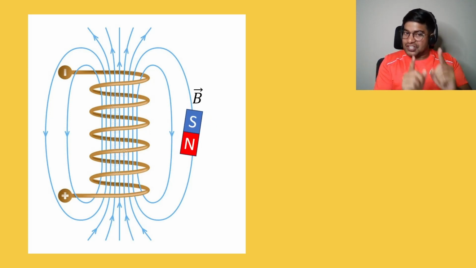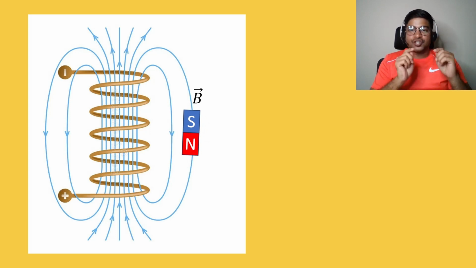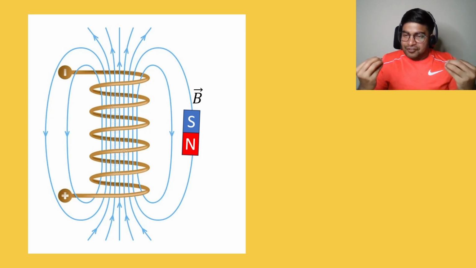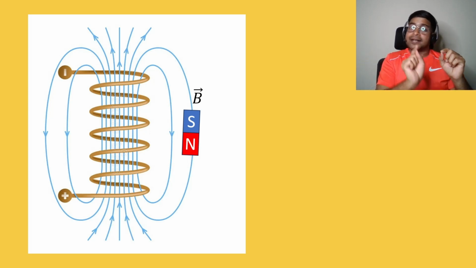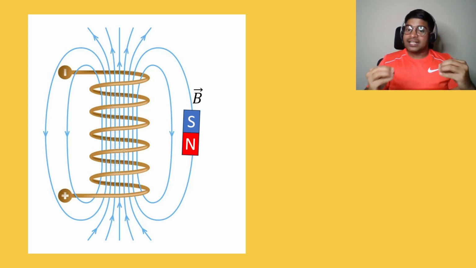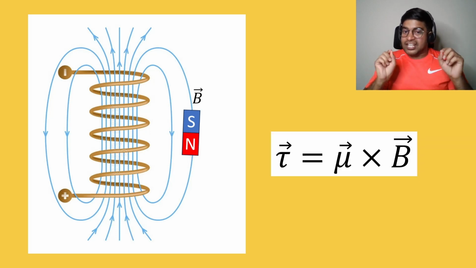As you can see here, it is aligning, right? And the torque is proportional to the external magnetic field and the magnetic strength of that magnet, and mathematically it is represented something like this. The torque is equal to mu cross B.